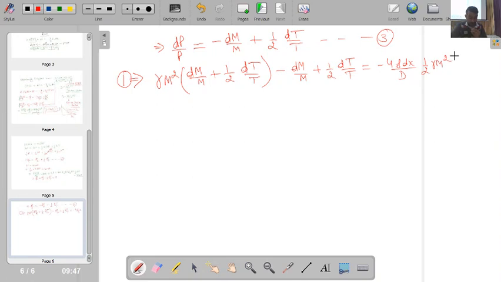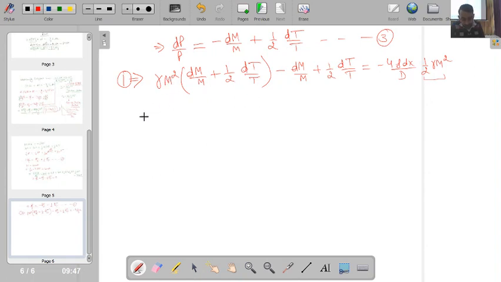Okay, this is correct. Now what I can do, this term half gamma m square, I can take on the left hand side. So if I do so, I will get 2 by gamma m square in the left hand side multiplied with each and every term.